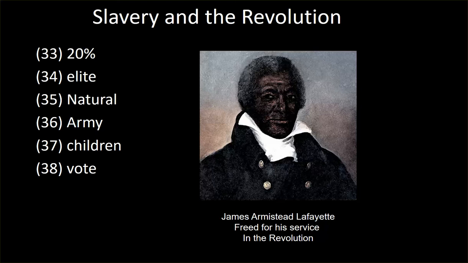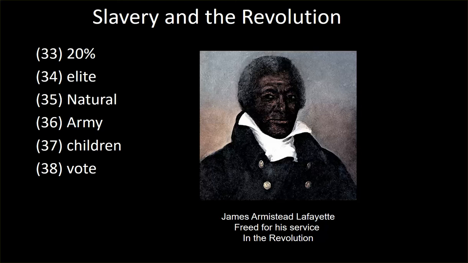Now, every state in the North did start taking some steps toward emancipation. In '77, the new state of Vermont drew up a constitution that explicitly banned slavery. The others usually did gradual emancipation programs, very slow-moving emancipation.